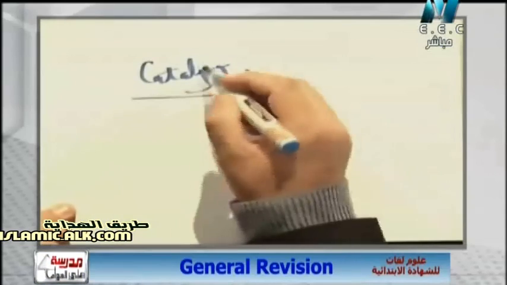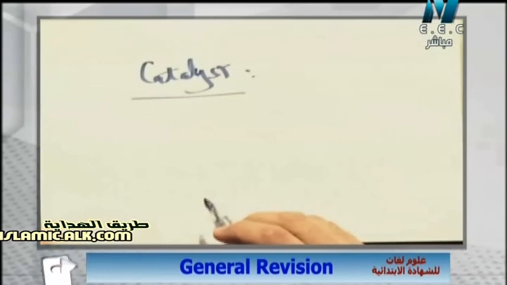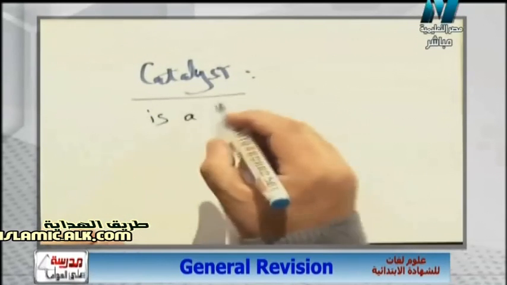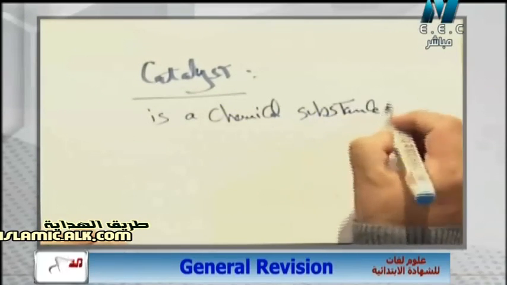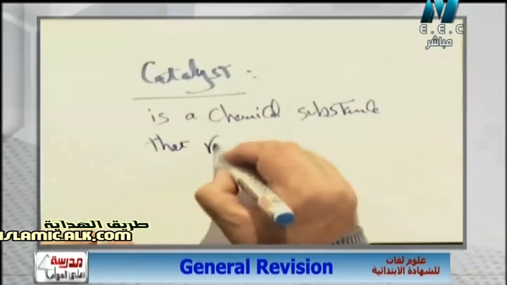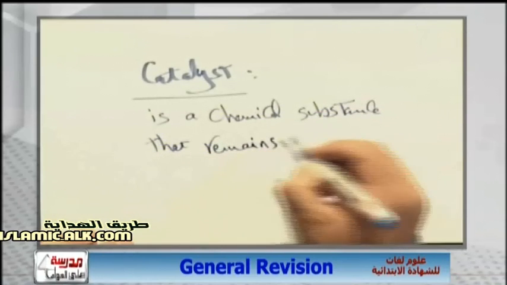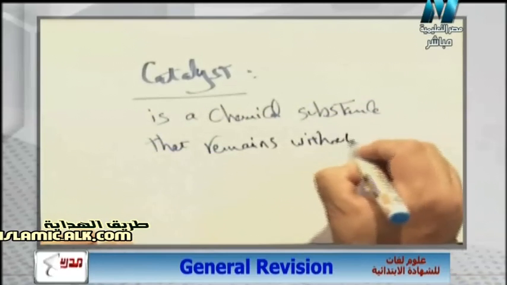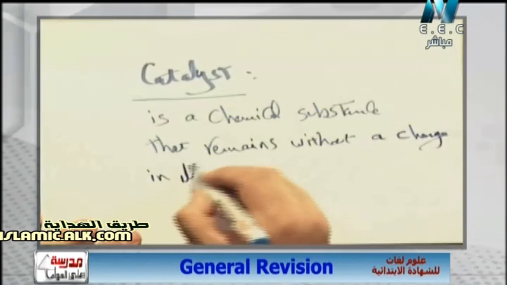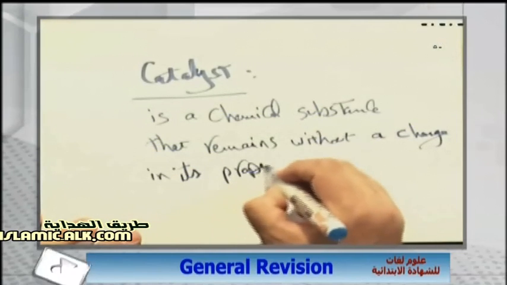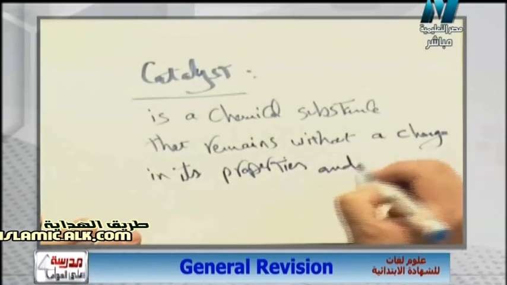So I can write another definition for the catalyst again. Let's write together, because it is a very important definition, and as I said more than once, we love the creative student. Catalyst is a chemical substance that remains without a change in its properties and quantity.